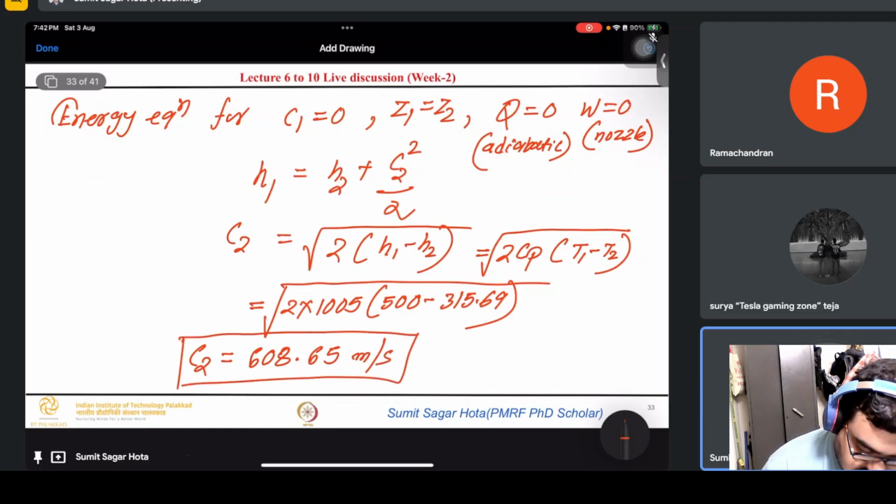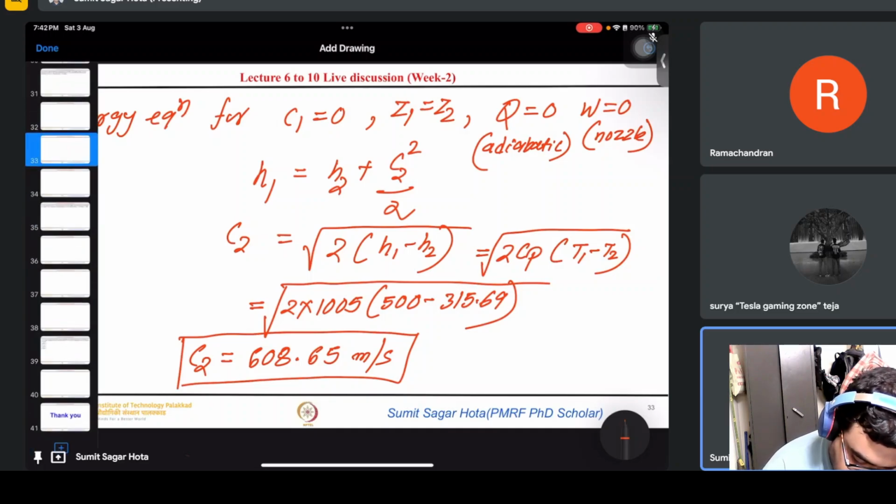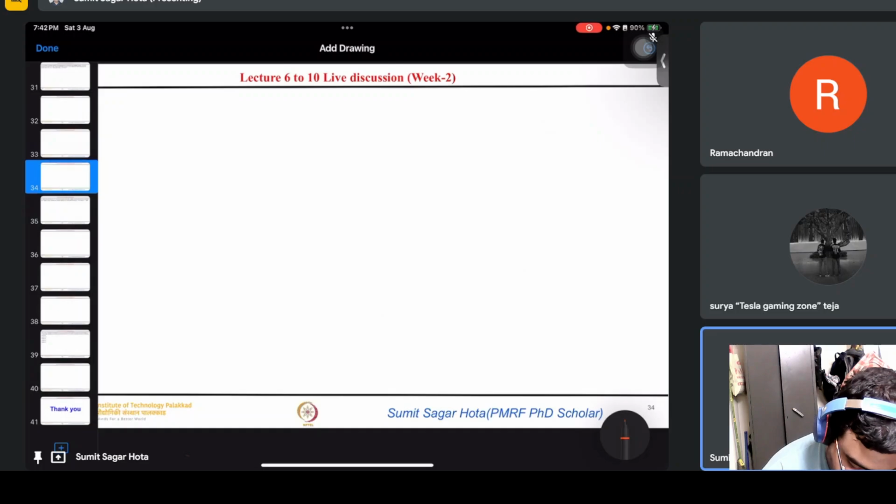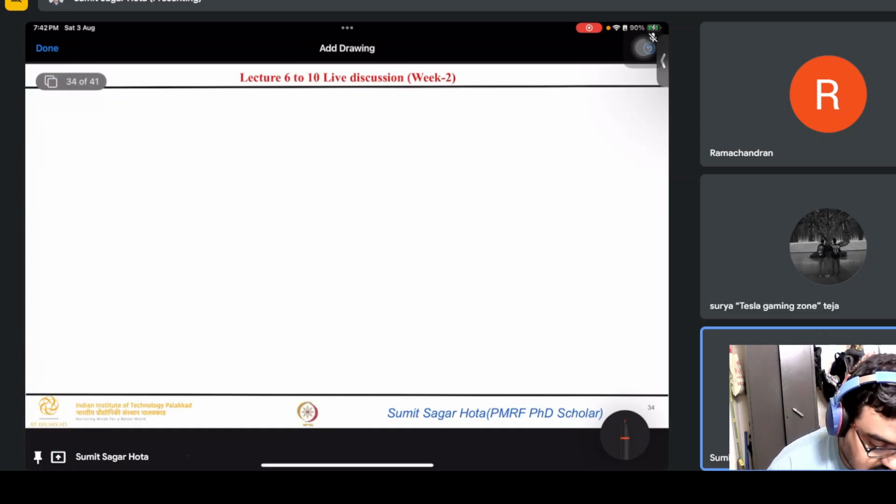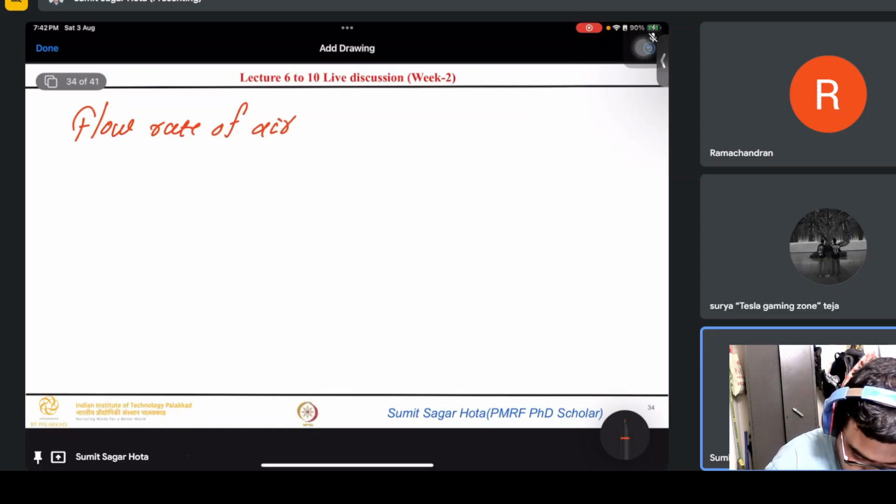We can notice it's near to Mach 2 velocity at the exit. So what is the flow rate of air? A2 C2 obviously. What is the area?